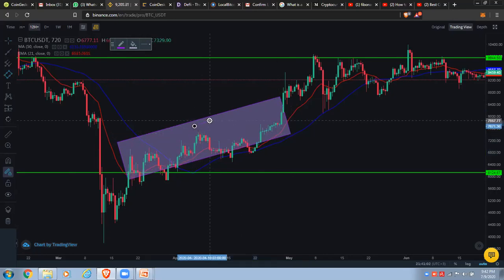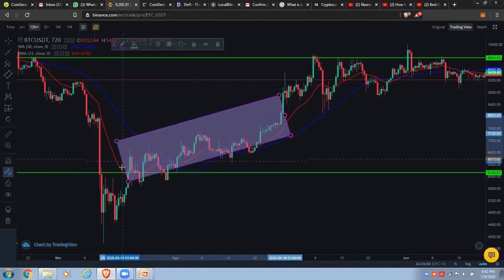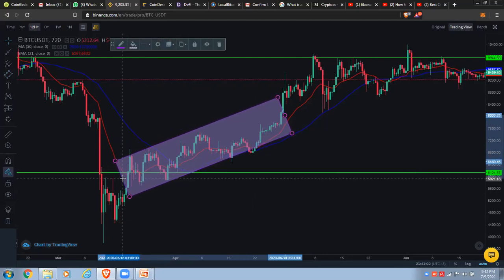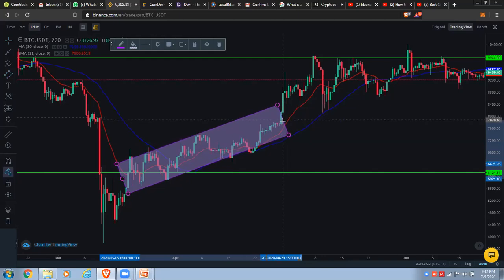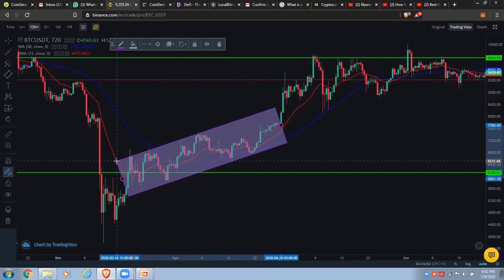I want to adjust this for you so that you see what happened. Can you see that purple region?